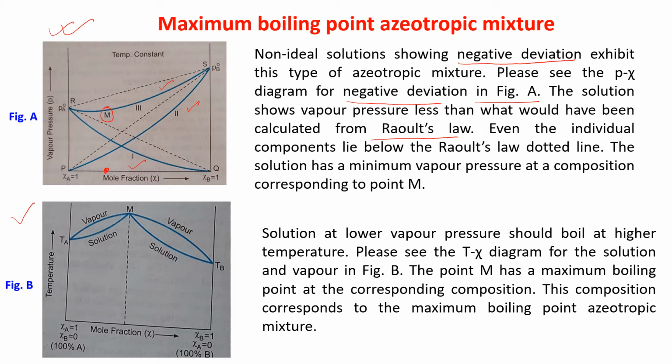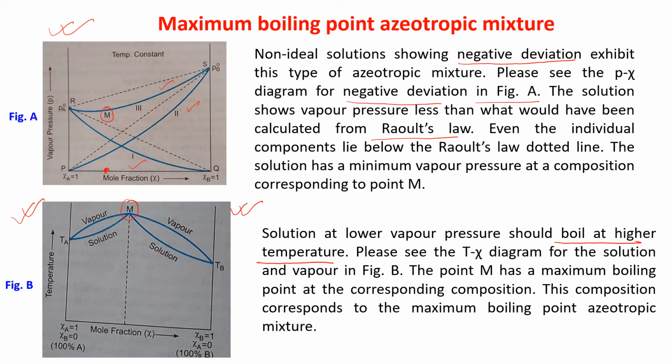Now you see the second diagram, figure B, where the boiling point and mole fraction graph is shown. The solution at lower vapor pressure should boil at higher temperature. As I told you, the solution which has a lower vapor pressure should boil at a higher temperature. Now in this graph, figure B, the point M has the maximum boiling point, because at point M it has the minimum vapor pressure.